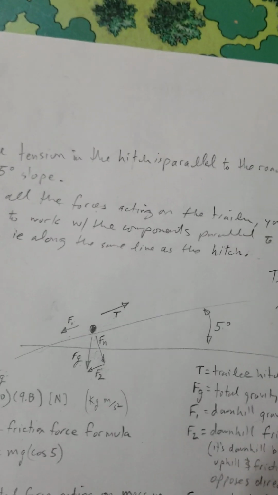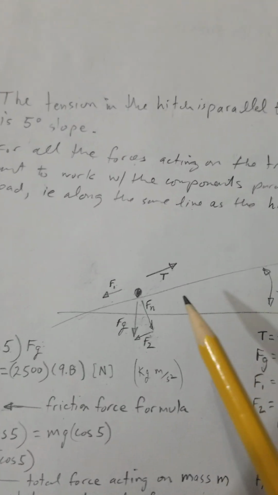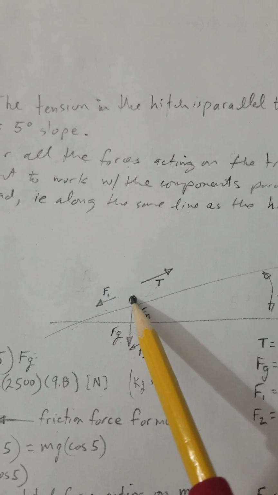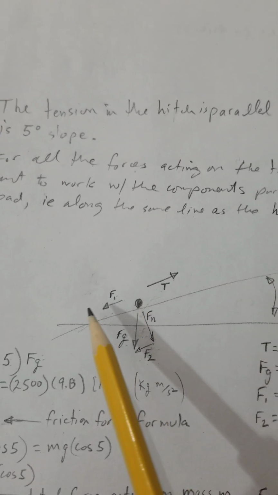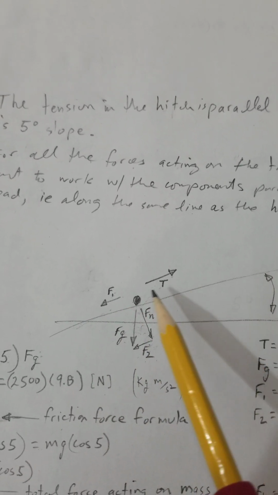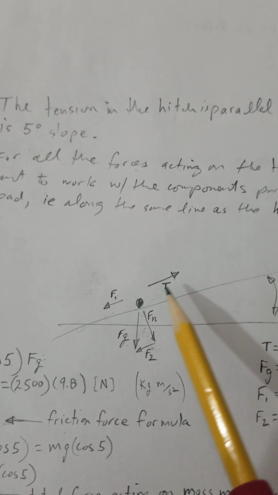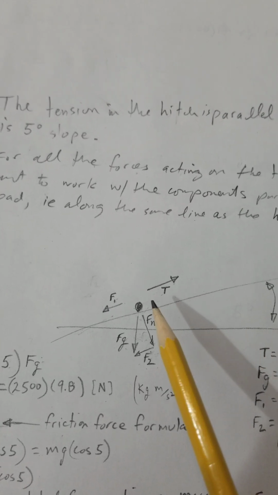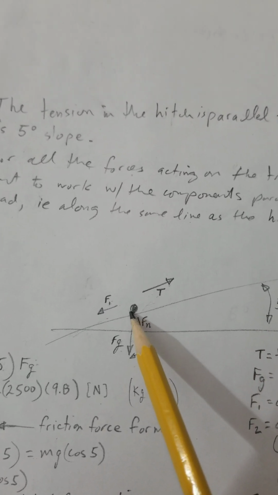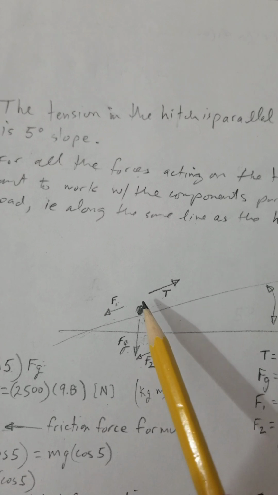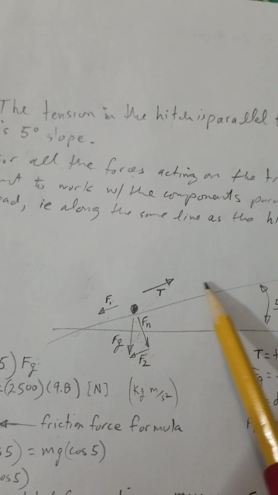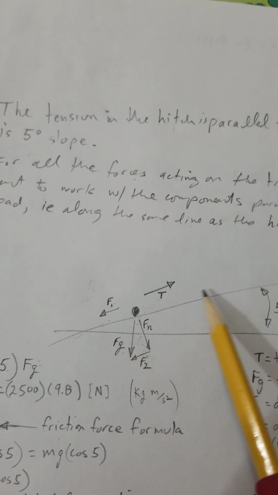So the best thing to realize here is that since we know the motion of this mass is going to be along the road, in a path parallel to the road, we are very interested in the components of the forces that are parallel to the road that are acting on this mass.